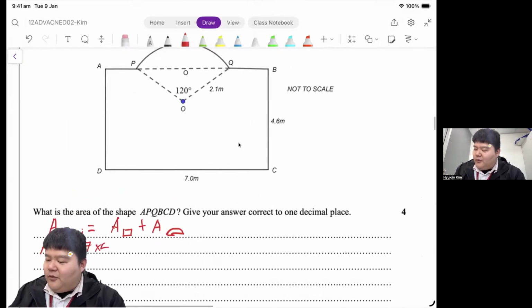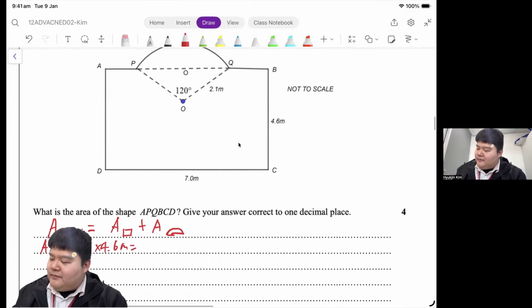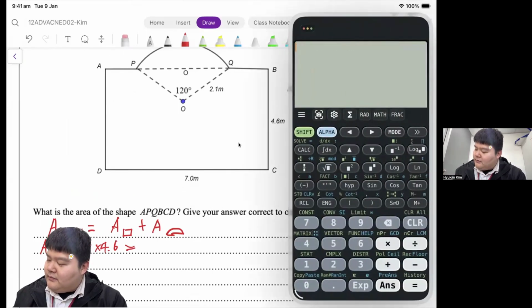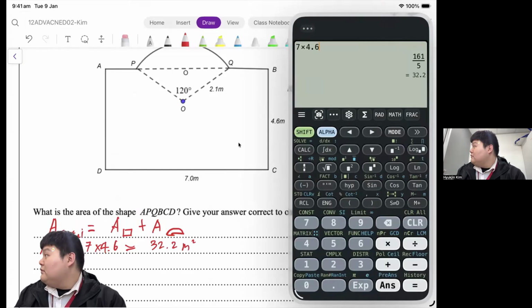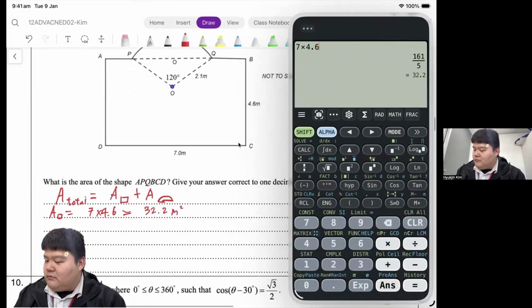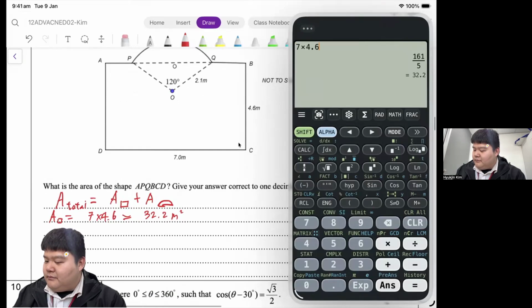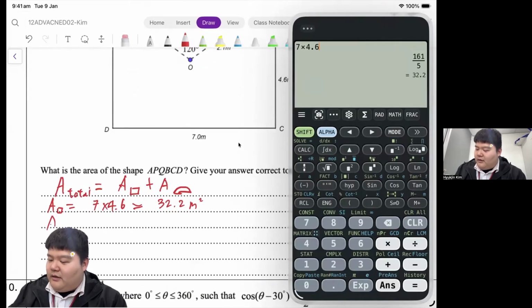7 times 4.6. And then the area of the crust is the same as the area of the sector minus the area of the triangle.